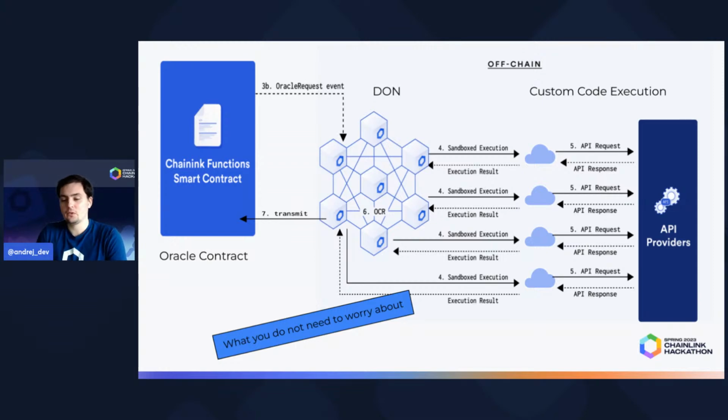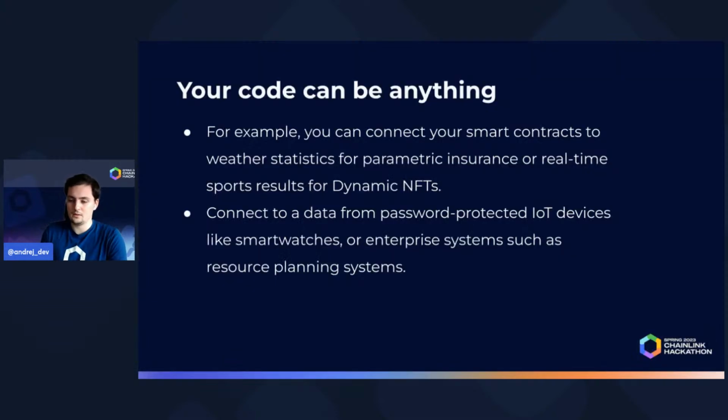So HTTP GET requests, POST requests, multiple computations, etc. Custom code execution will be present at this stage. Again, a callback will be returned to the calling smart contract, and then you can do whatever you want with it.